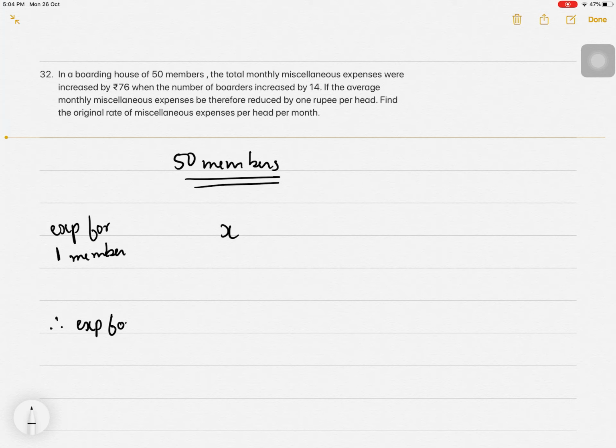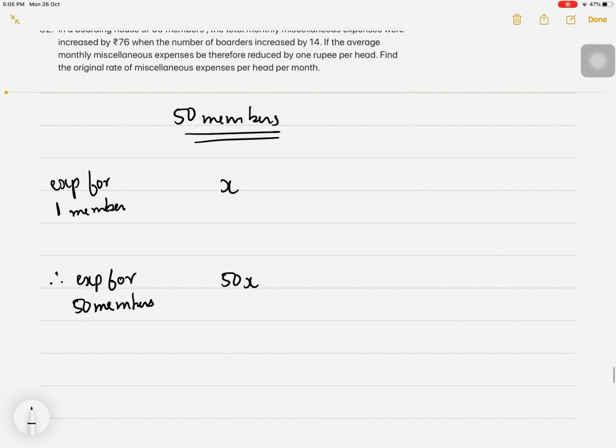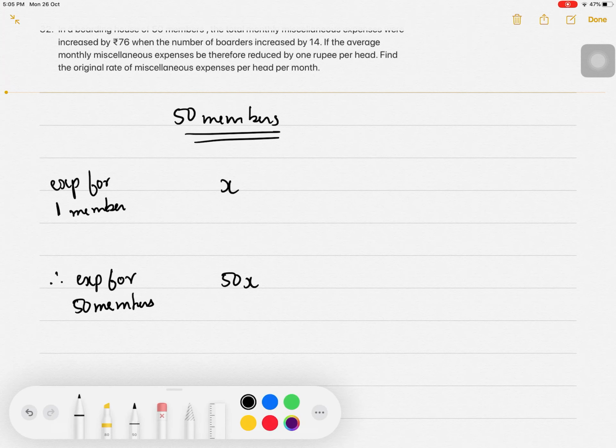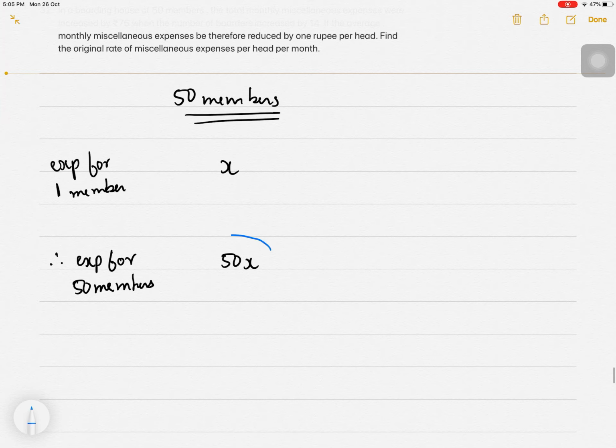Therefore, expense for 50 members will be 50x. Correct? That means total monthly miscellaneous expense is 50x.